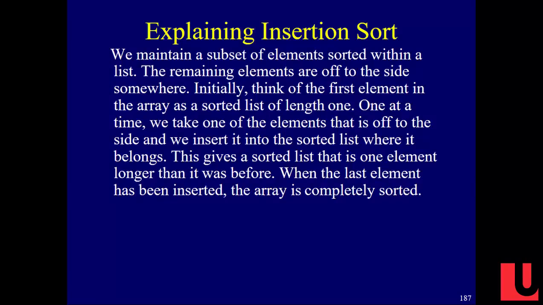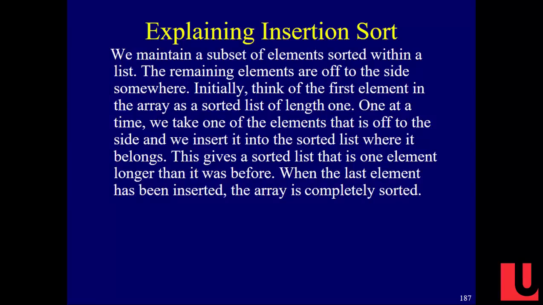And now I'm going to say, one at a time, we take the elements that are off to the side, the numbers off to the side. I take them one at a time, and I insert them into the sorted list where they belong. So that is my action. Take a number, sort it where it belongs.